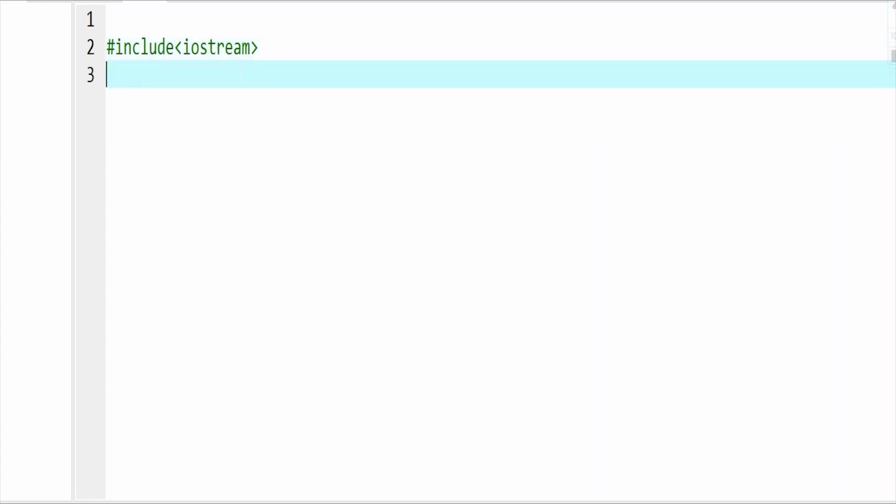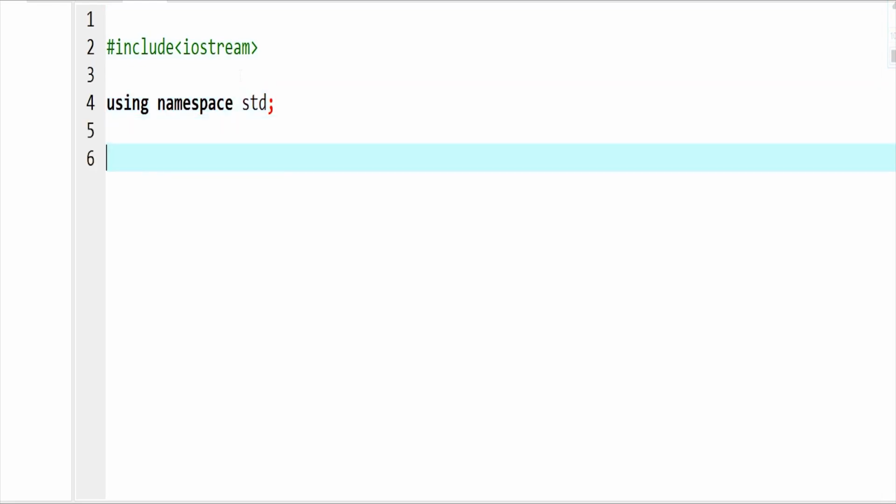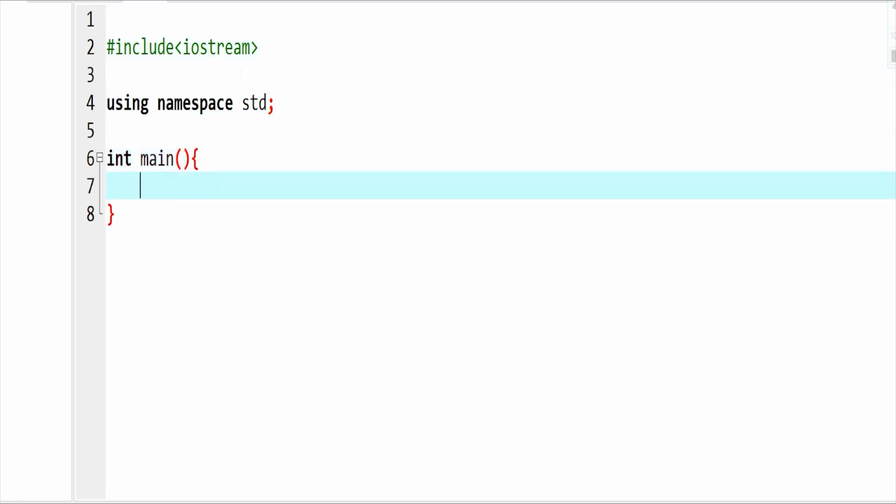Now let's see the code. First of all, we include iostream. We include the standard namespace. We define the main function and return 0 from it.